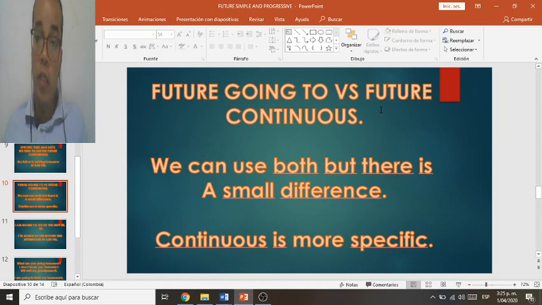El futuro going to y el futuro continuo son muy parecidos. Son prácticamente sinónimos. When we are talking about grammar, there is a small difference. En la gramática tienen una pequeña diferencia, but at the moment of speaking, do not pay attention to that. No le presten atención a eso. Future going to or future continuous is going to be most likely the same.